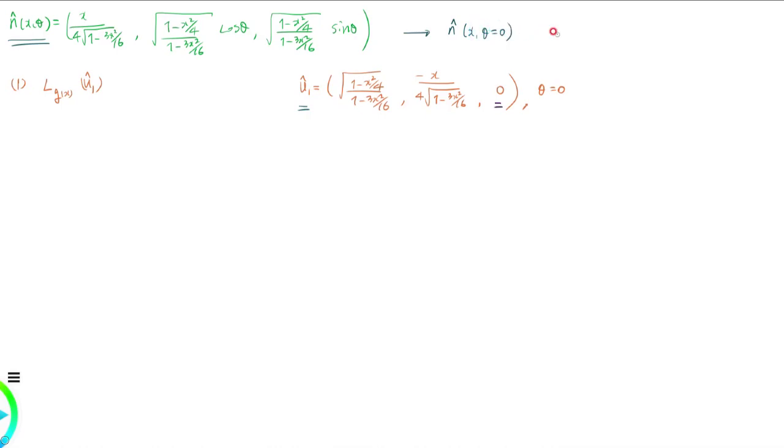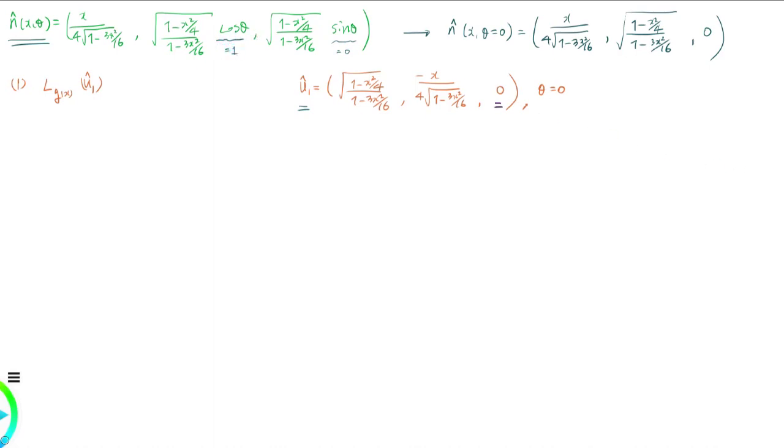So I can plug 0 into theta here, and we'll have x over 4 times square root of 1 minus 3x square over 16, and square root of 1 minus x square over 4 over 1 minus 3x square over 16, comma 0 here. Since sine of 0 is 0, cosine of 0 is 1.